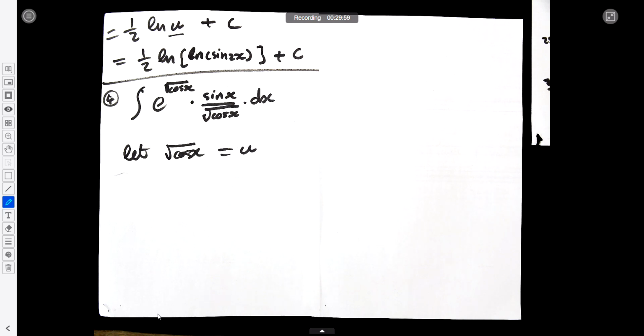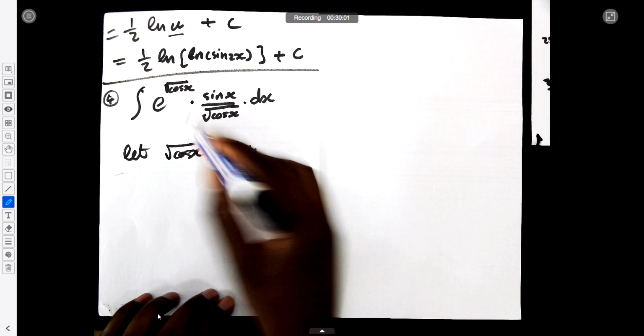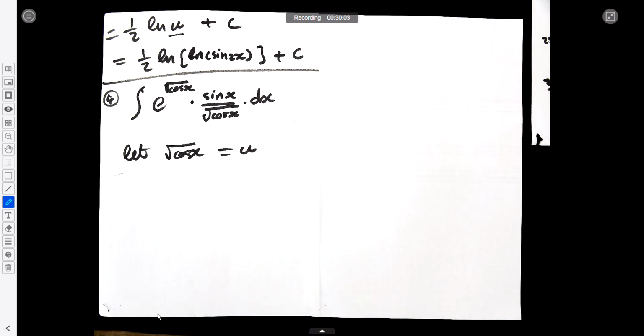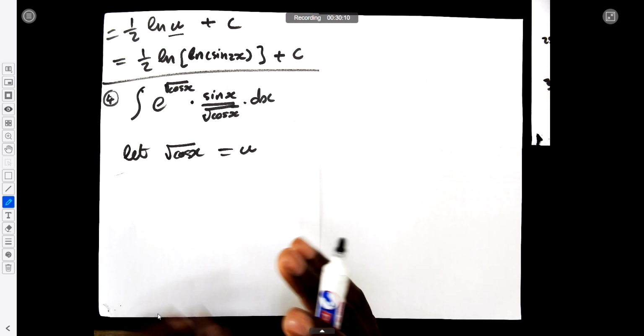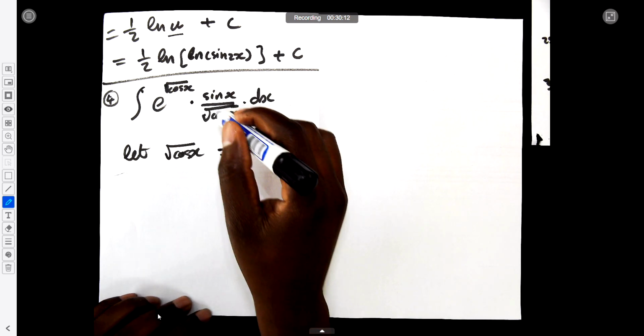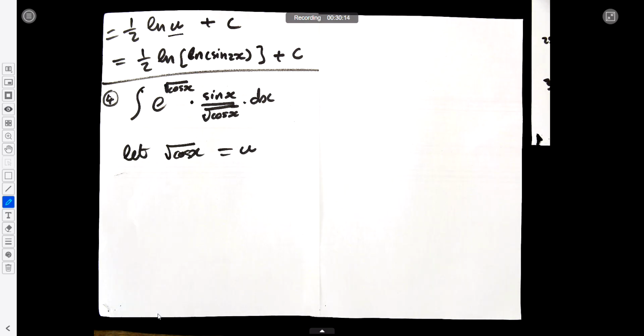The exponential function is the one which can produce the factors that you see here. So please don't just take anything to be equal to u. Ask which one, when differentiated, gives you the functions that you have. We know these functions came from the derivative of the exponential function. So hence, we let u be the whole exponent.